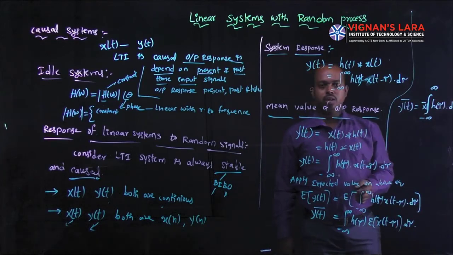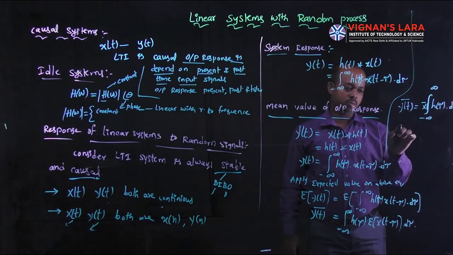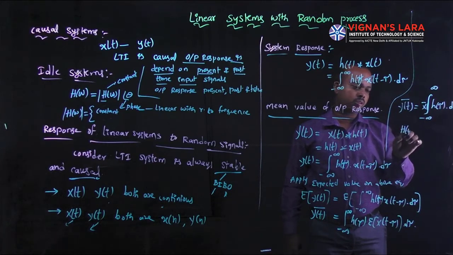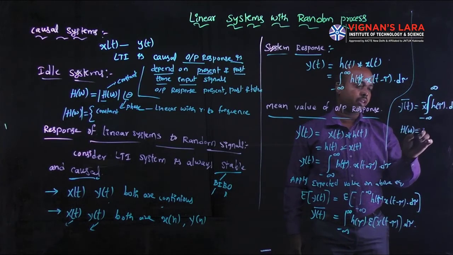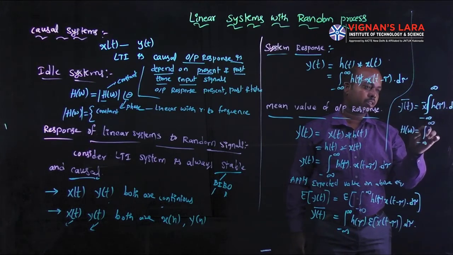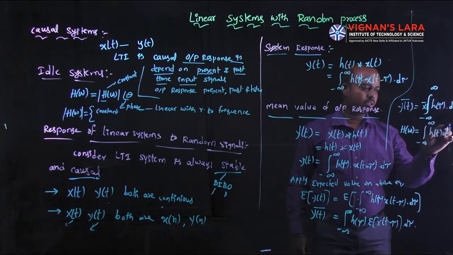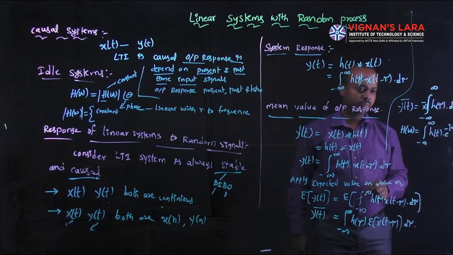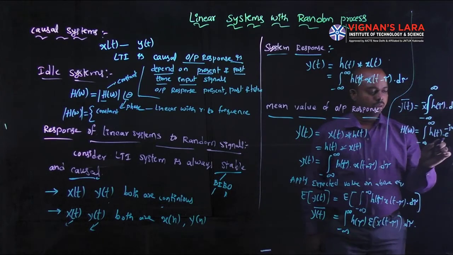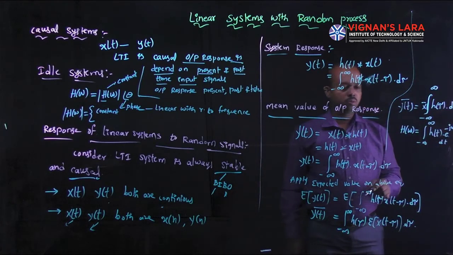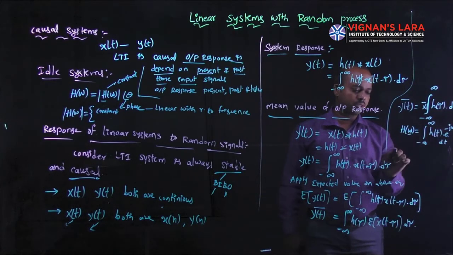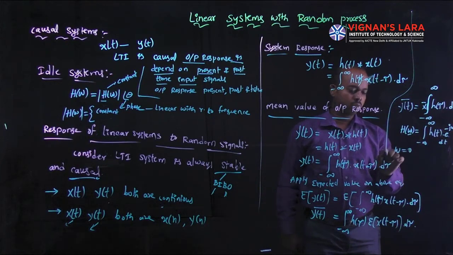You have to take the Fourier transform of h of t. The Fourier transform of h of t is the integral from minus infinity to plus infinity of h of t into e power minus j omega t dt. In this equation, I substitute omega equal to 0.